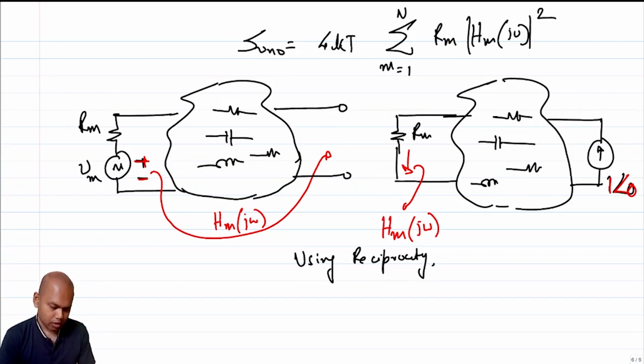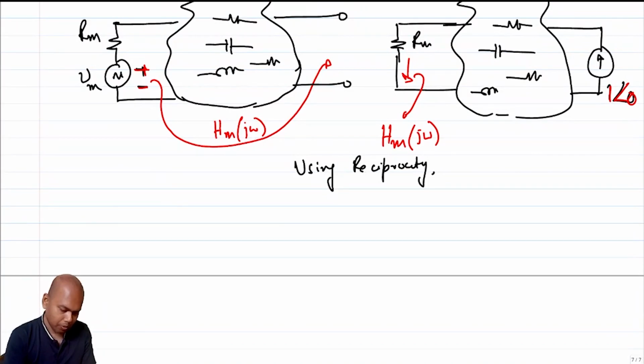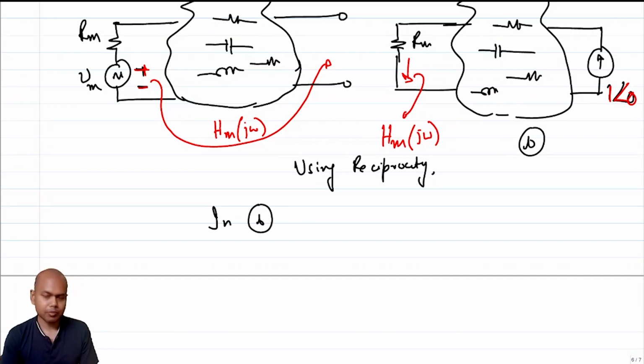Okay. So how is this useful? This is useful because now note what the power consumption is under this new setup in figure B. What is the power consumption across the resistor Rm?